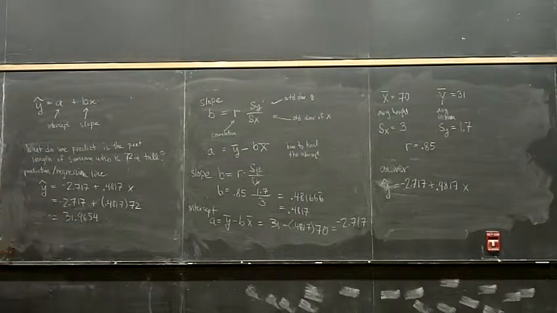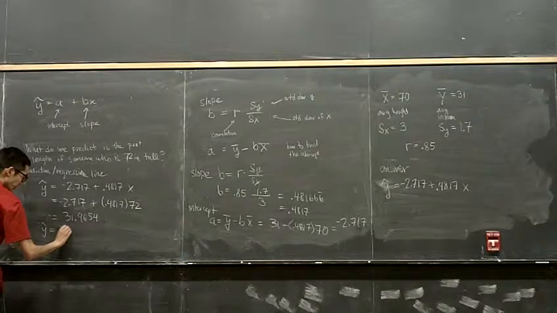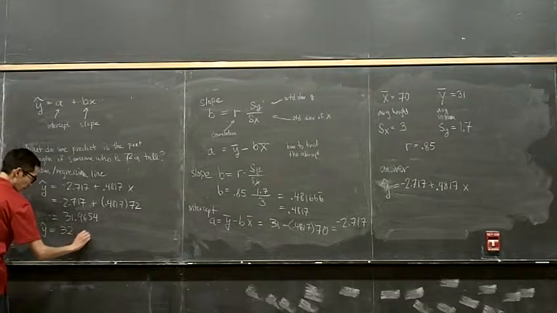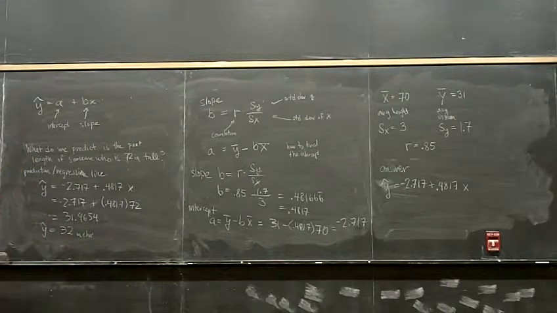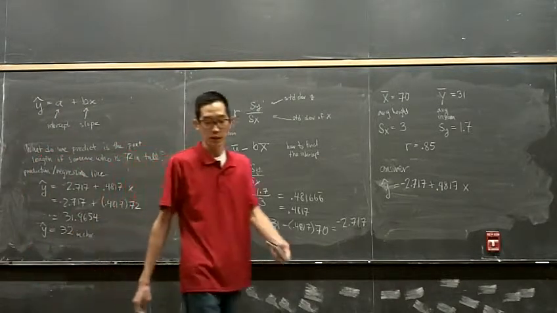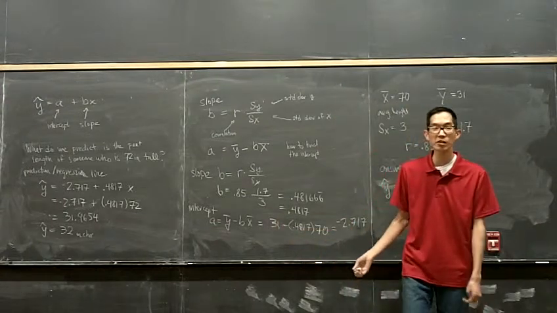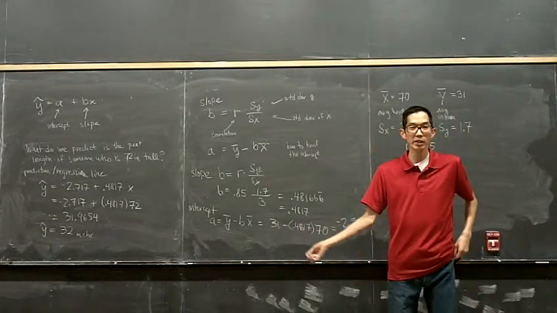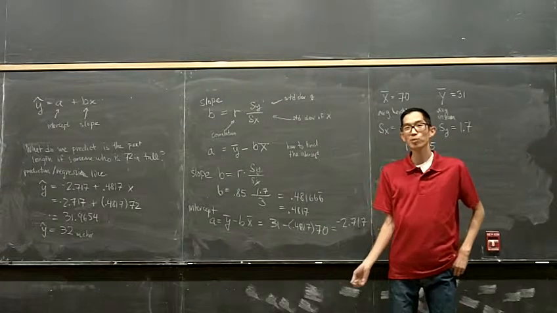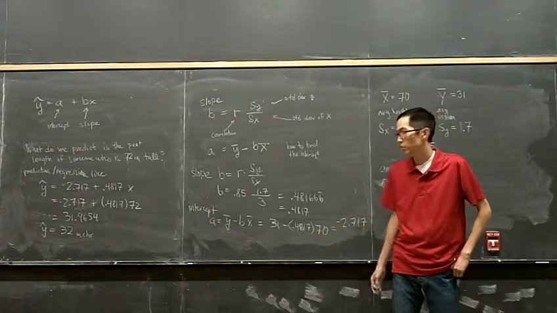Practically 32 inches. So we can just say y hat is 32 inches. I'm just rounding off here, but that's basically what it's saying. If somebody is 6 feet tall, 72 inches tall, what length do I predict their pants is? 32 inches, okay?